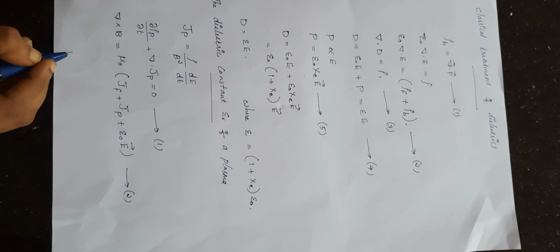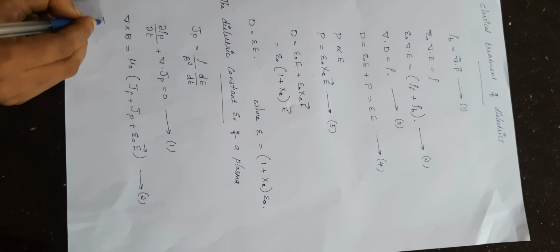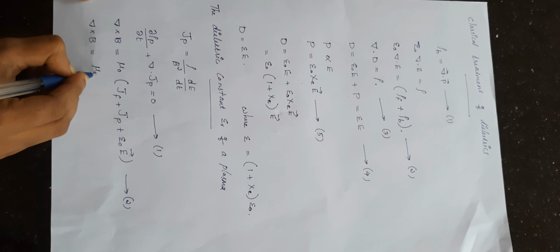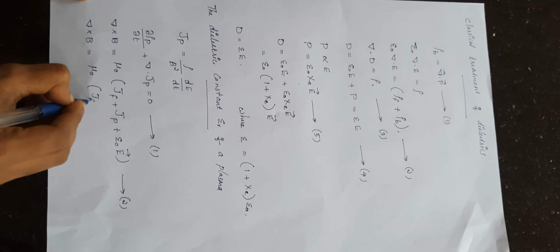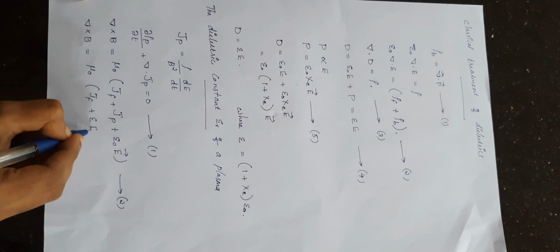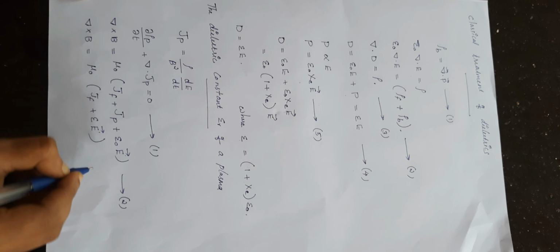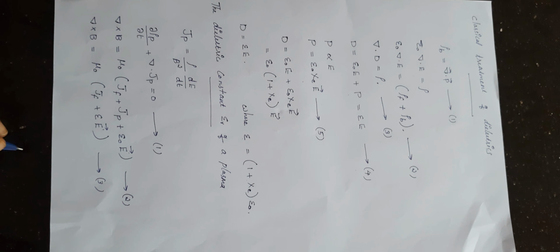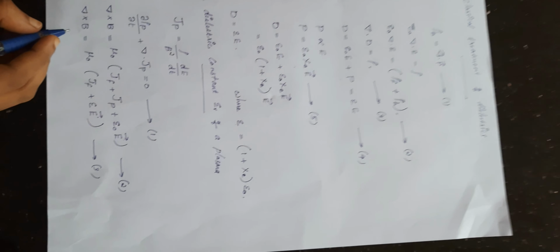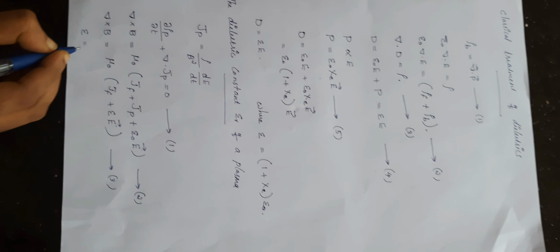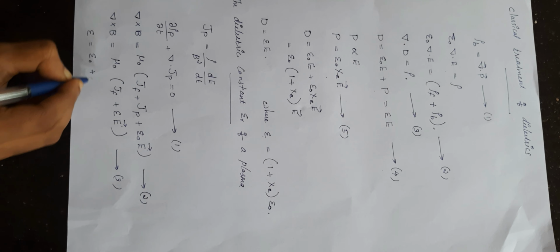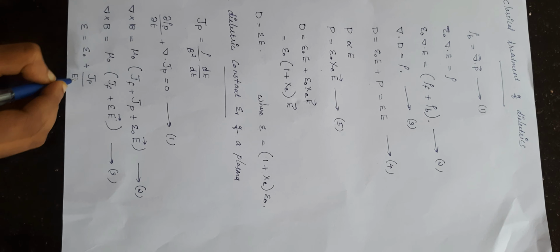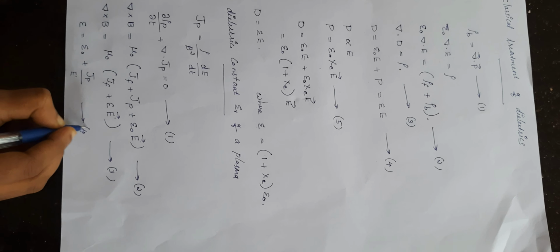We wish to write the equation in the form del cross B equal to mu 0 into Jf plus epsilon E dot. This can be done if we let epsilon equal to epsilon naught plus Jp by E dot. This is equation number 4.